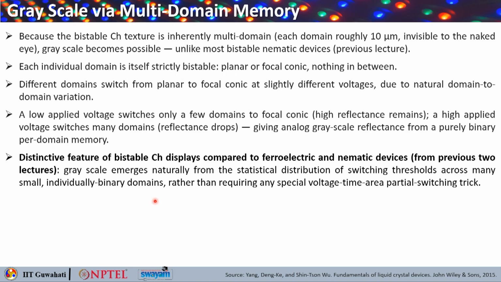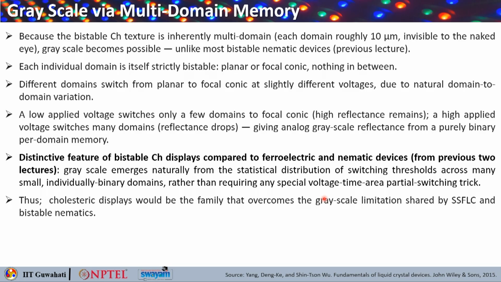The distinctive feature of bistable cholesteric displays, compared to ferroelectric and nematic devices from the previous two lectures, is that the grayscale emerges naturally from the statistical distribution of switching thresholds across many small, individually binary domains, rather than requiring a special voltage-time-area partial switching trick that we discussed earlier.